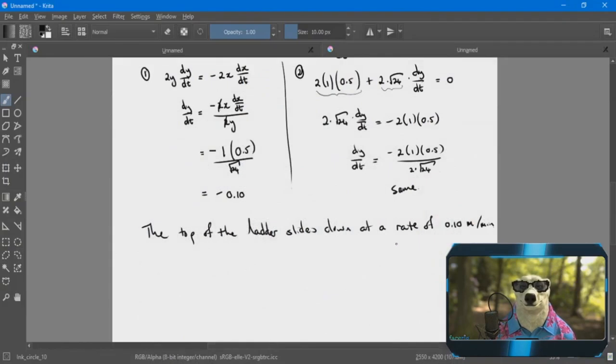Yeah, it was minute. So you can either separate, because this is negative, that means it's decreasing, that means it's down.